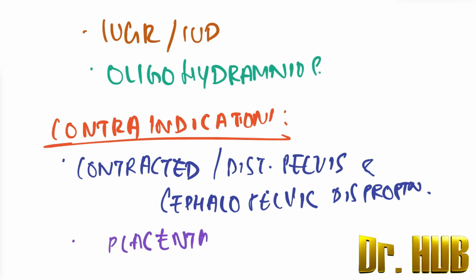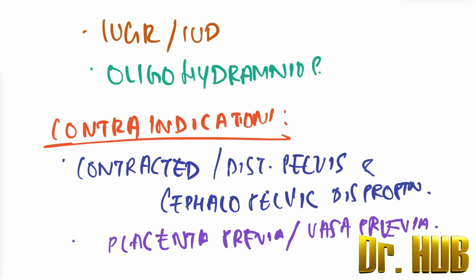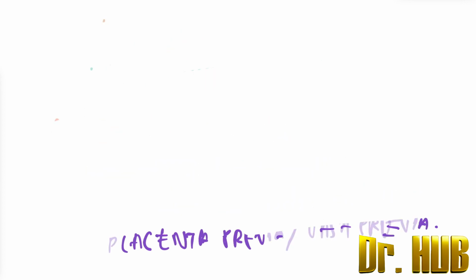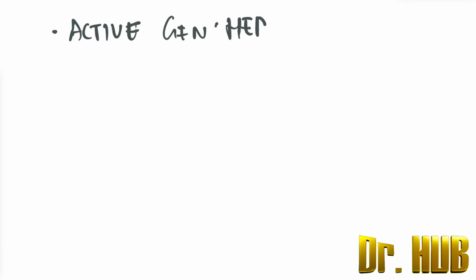So in placenta previa, it is contraindicated, and also in terms of the vasa previa. Next is the active genital herpes. So it is contraindicated in terms of the active genital herpes.